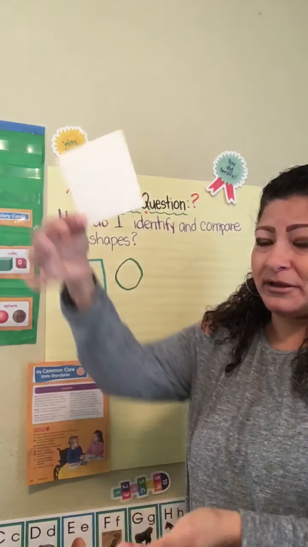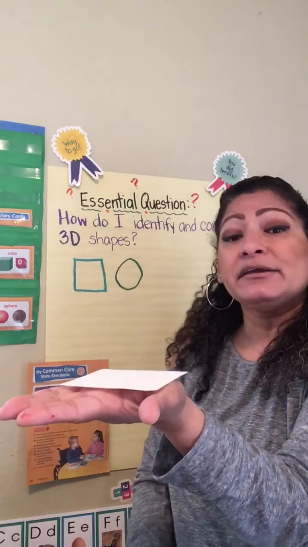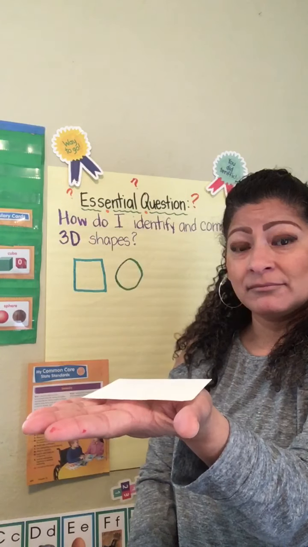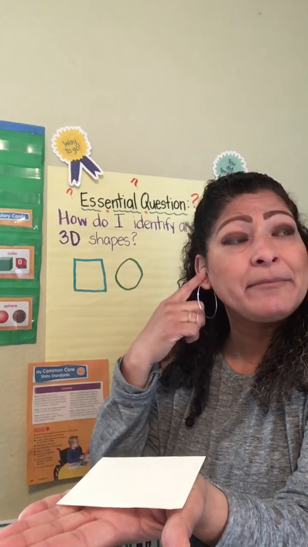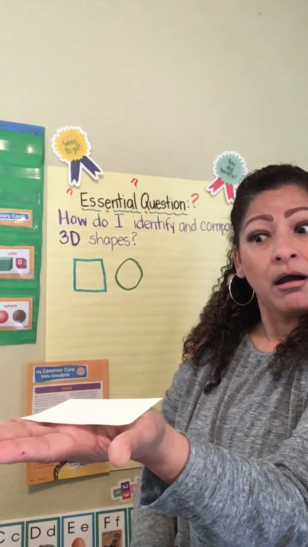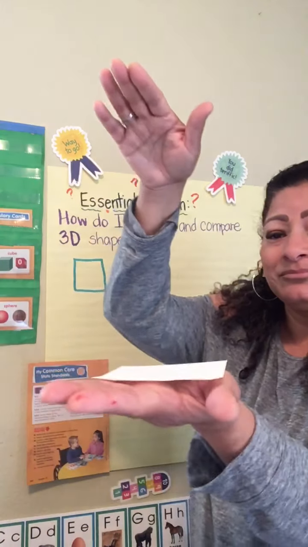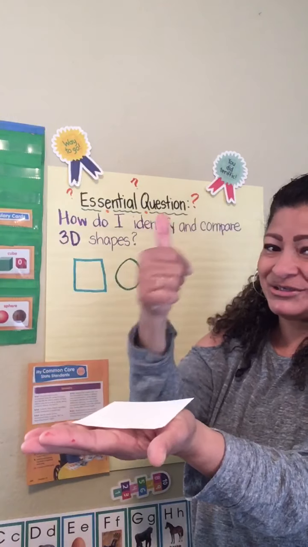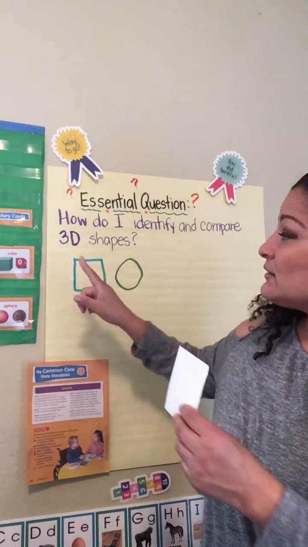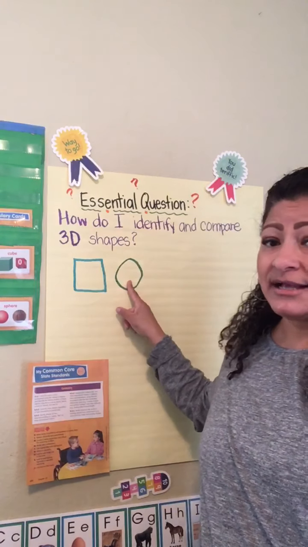You put the two-dimensional shape in your hand, and if you hear your clap, that means it's two-dimensional. Ready? Did you hear my clap? Let's try it again. Sure did. So this is a two-dimensional shape.